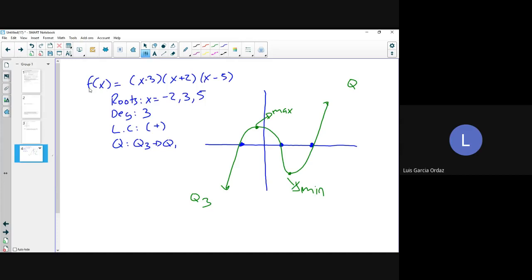The x-intercepts we're going to use to find the max point are negative 2 and 0, and 3 and 0. So we add the two x values and divide by 2: negative 2 plus 3, divided by 2.